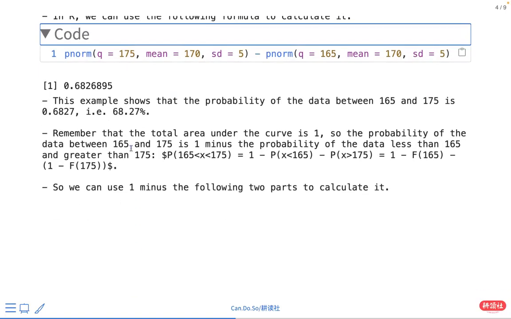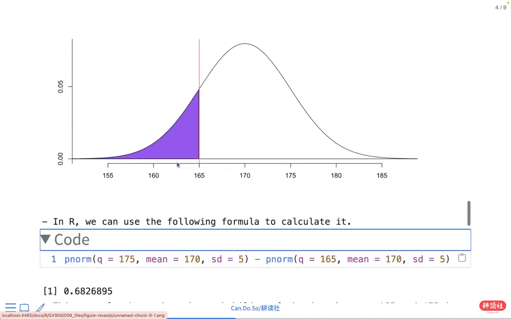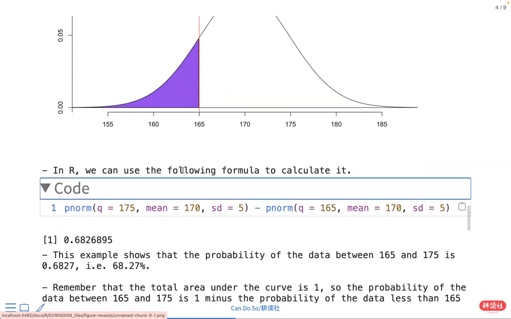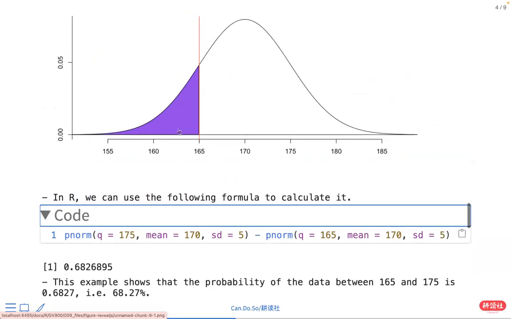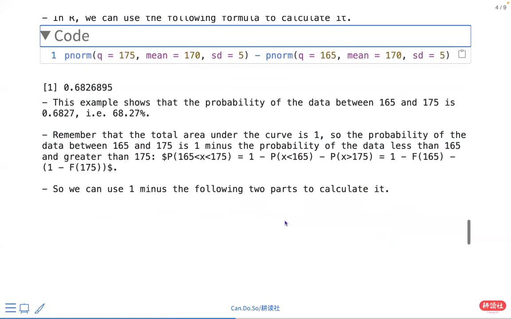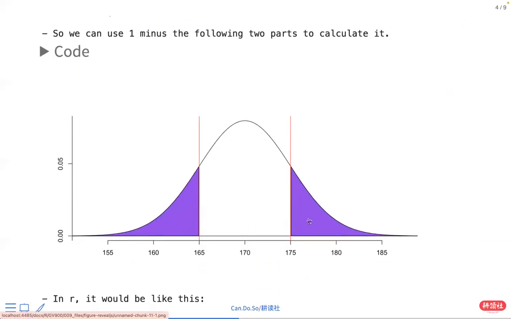Also, because the total is 1, we can subtract this part and this part from 1. So 1 minus this part minus this part gives the middle part.